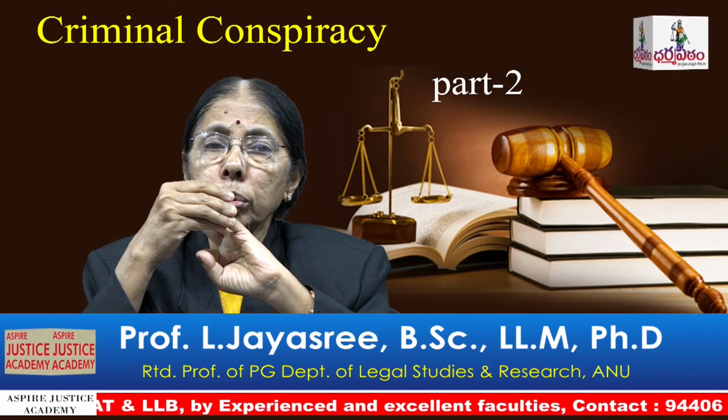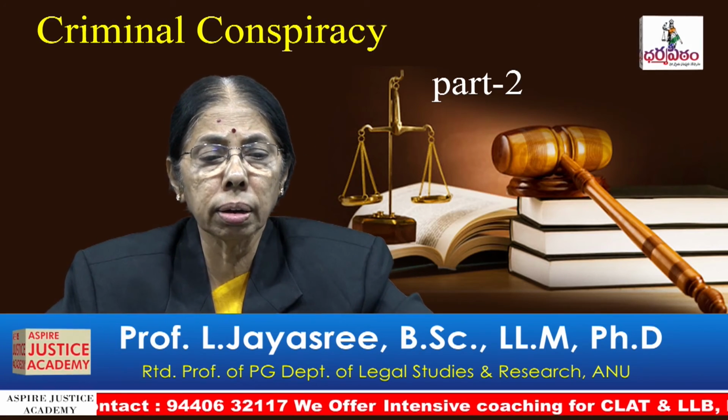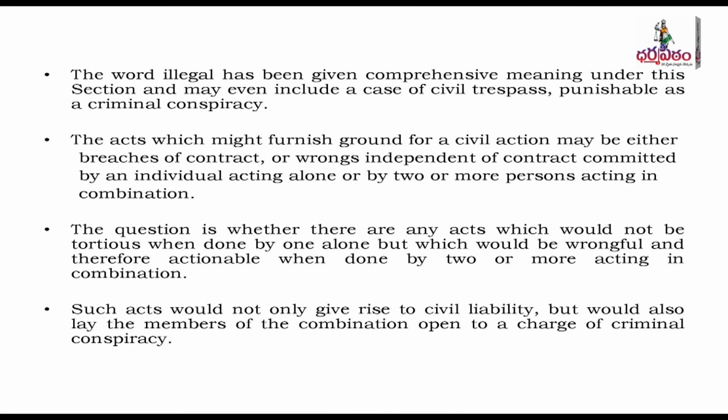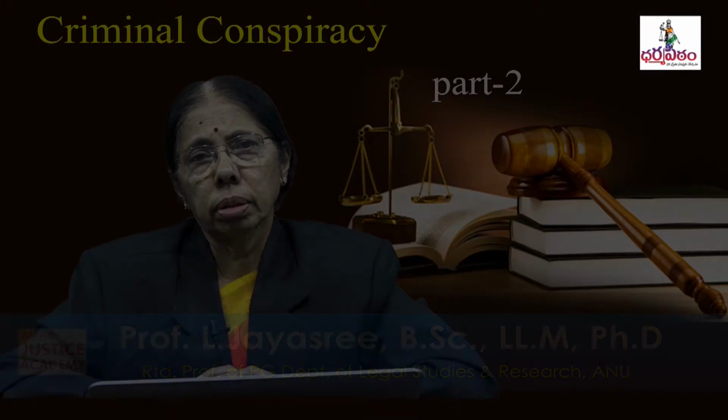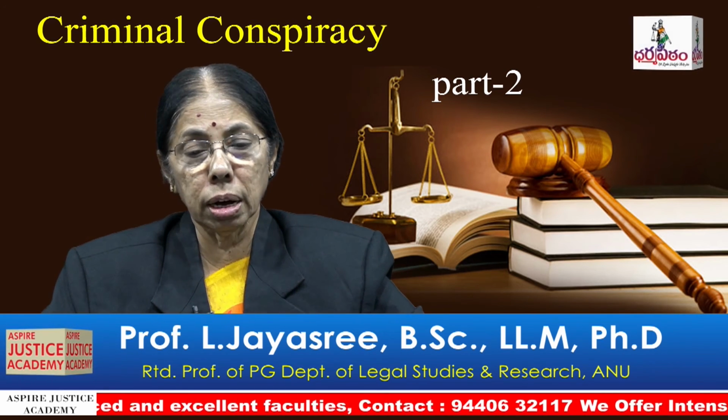Except for an offense, the provision says that in the rest of the things, some act is necessary. The word illegal has been given a comprehensive meaning under this section. It may include even civil trespass. Civil trespass is also punishable as criminal conspiracy when there is an agreement between 2 or more persons to enter into some house or ground. Suppose they have agreed to do a civil trespass, it gives rise to civil liability and also criminal liability.